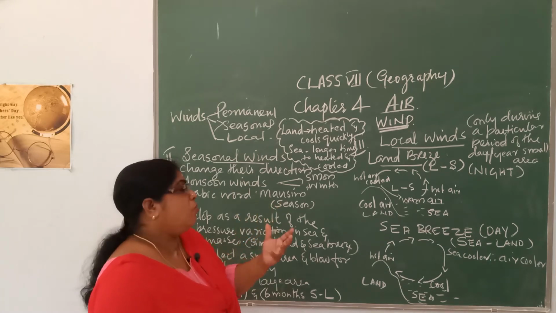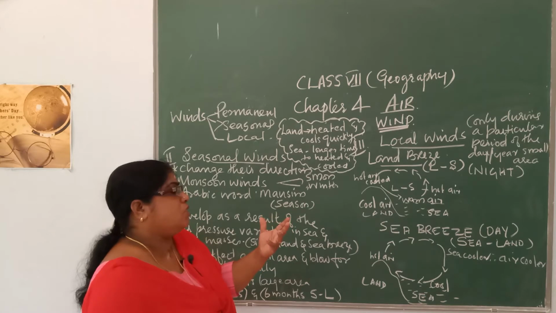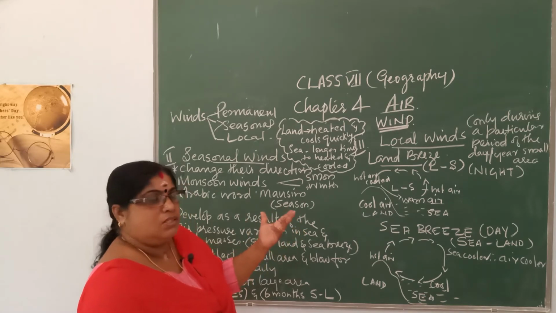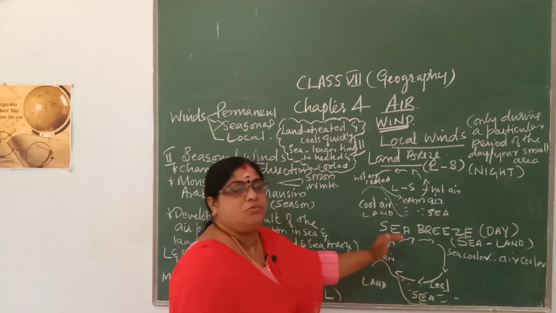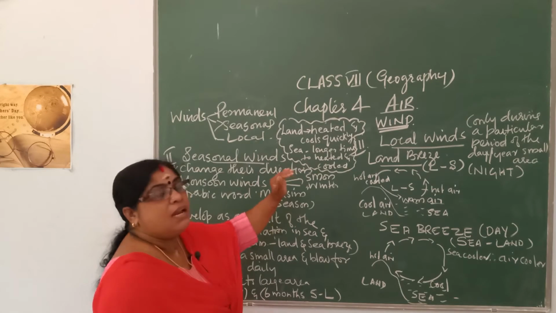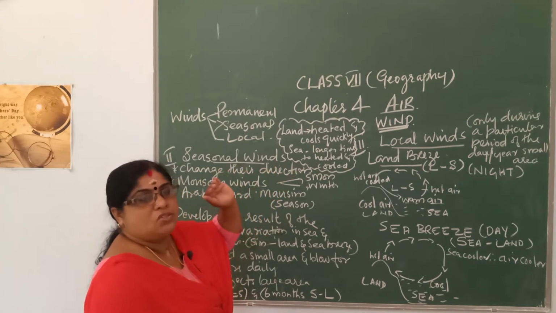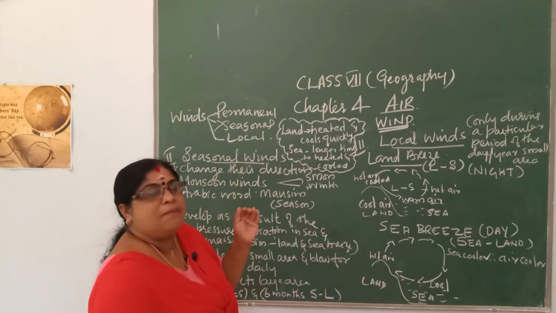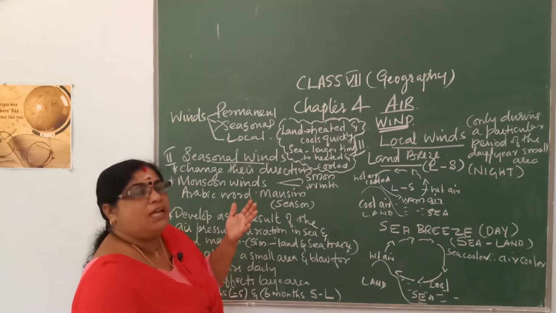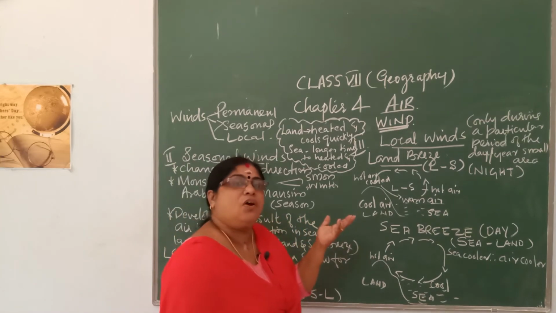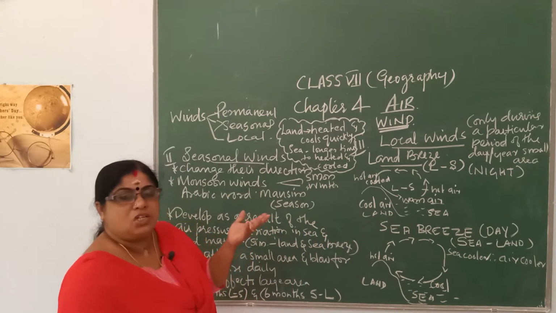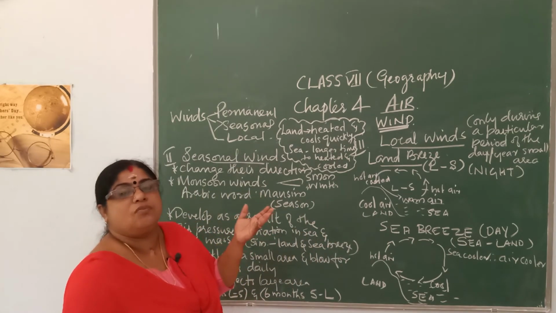What is the phenomenon behind this? Remember that land, because of insolation, the rays of the sun, gets heated up quickly and also loses its heat very quickly, whereas sea water gets heated up very slowly and loses heat also very slowly.